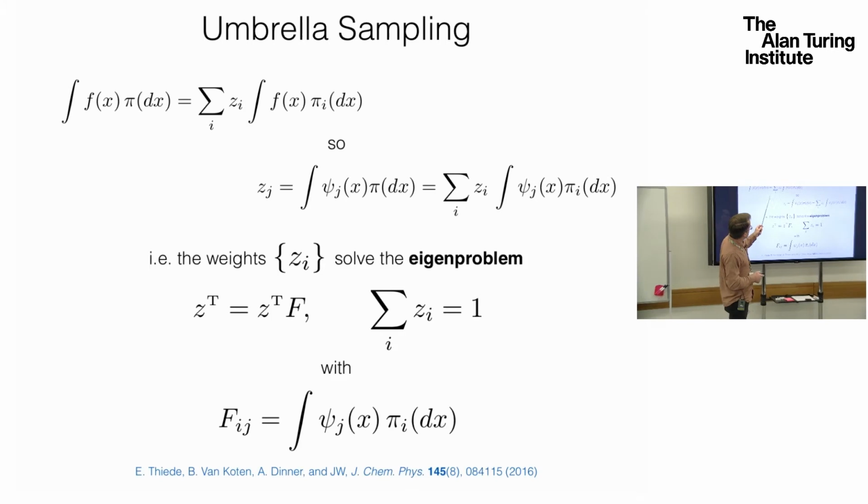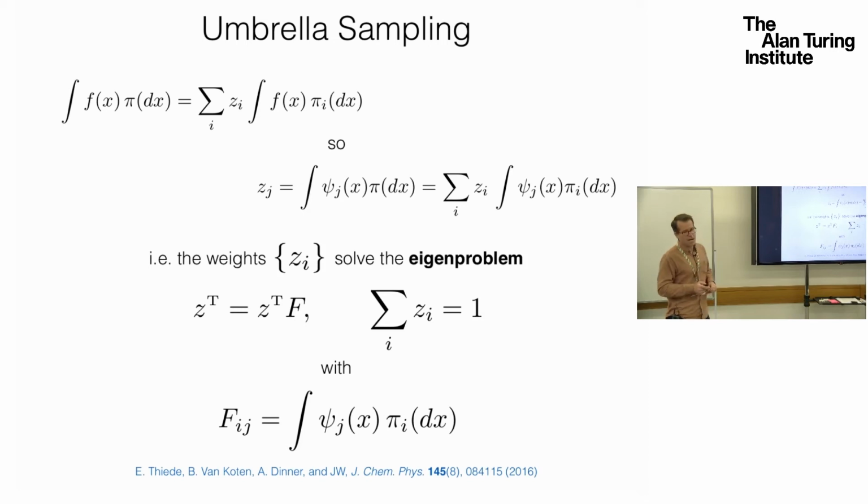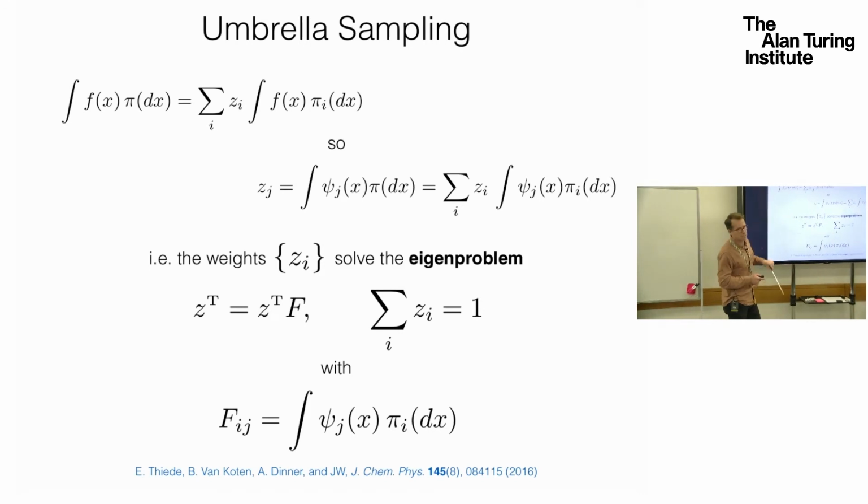So back to the z's. How can I represent the z's, instead of as averages with respect to pi, as averages with respect to the pi i? So I can completely forget about pi. And that's just the same formula I had for f. So this was the expression for f in terms of averages with respect to pi i, which means that if I plug in psi j for f, I get a formula for z j. But z j appears on both sides, so actually this is an eigenequation.